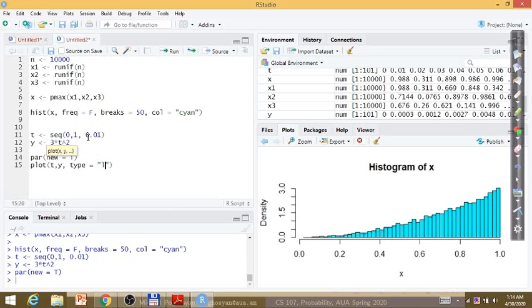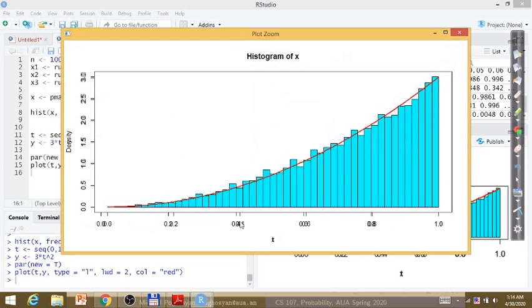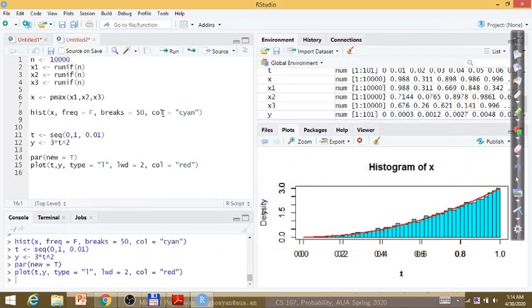I'm adding by lines, line width 2, color is red, say. I will have this kind of graph, but not exactly correct because I have some mixed numbers here. So let me correct that by adding x limits and y limits.